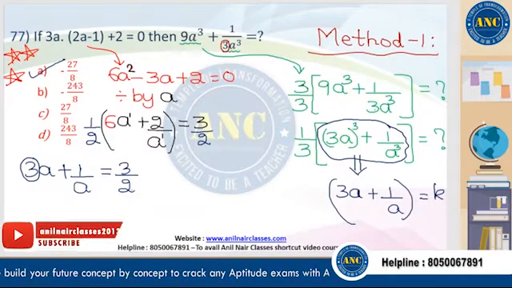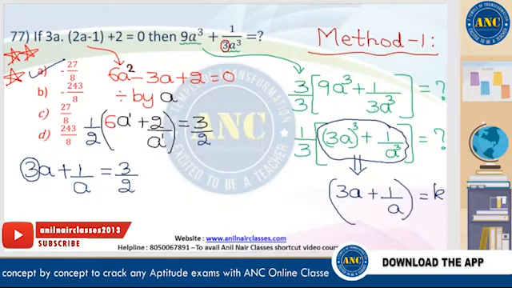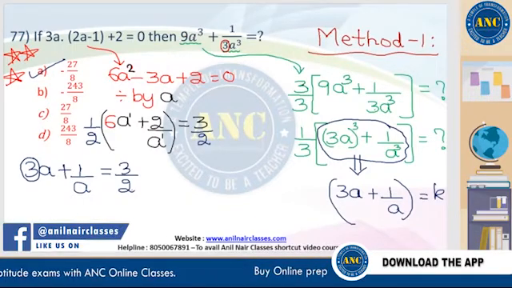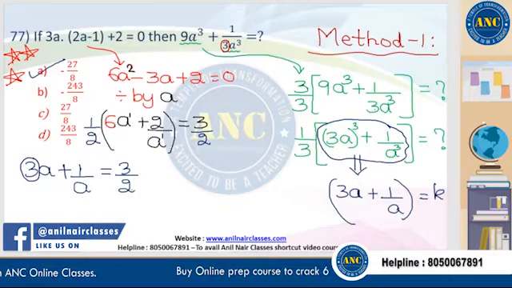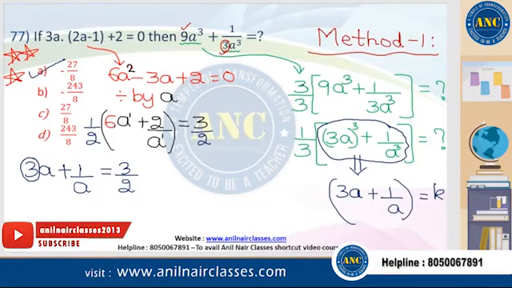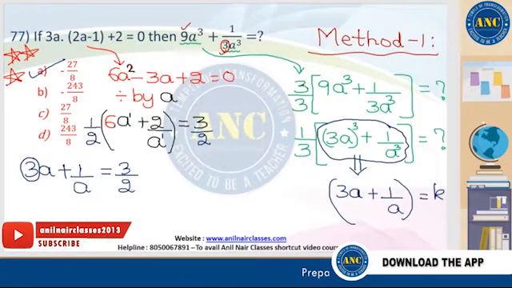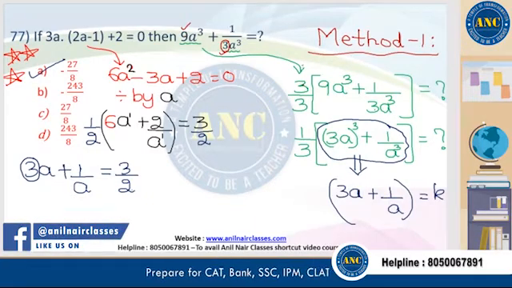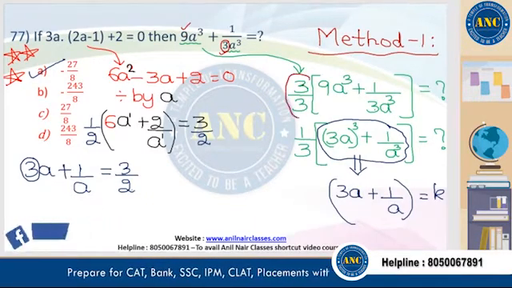Will 81 be a perfect cube? Is 81 a perfect cube? No, 81 is not a perfect cube. That means whatever we aspire, we want this constant and also this particular constant both to become a perfect cube, not only one. Then only we can solve it in the easiest format. That is how you need to think about manipulating the given equation.